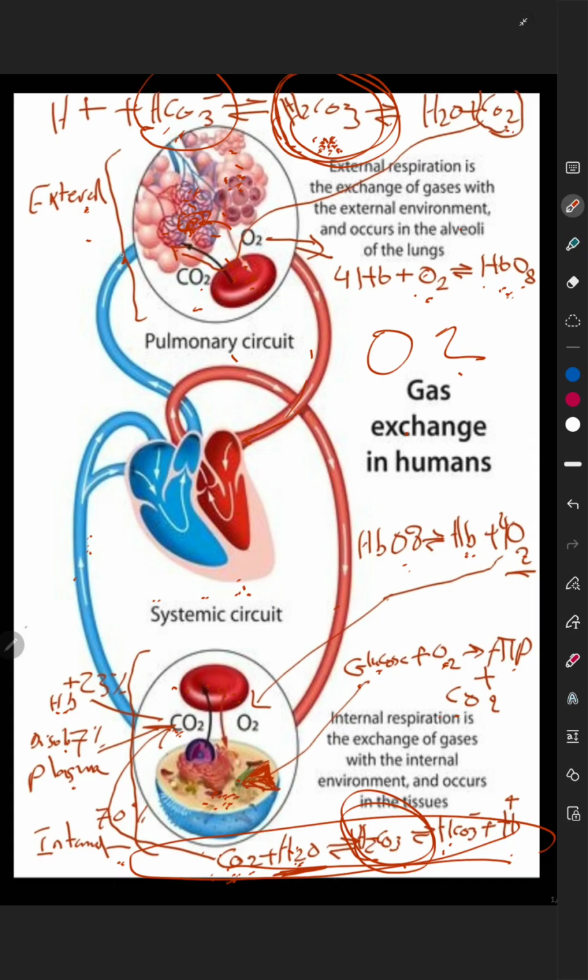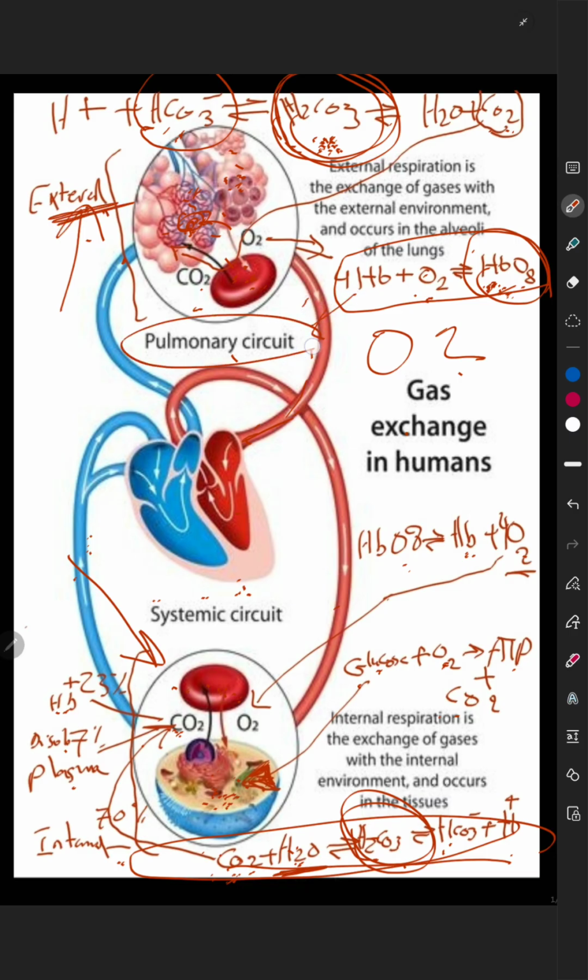By the way, we said this part is for external respiration and this part for internal. So if we ask whether the oxyhemoglobin is formed in external or internal respiration, we can say it's formed in external respiration and during pulmonary circulation, because it happens here surrounding the lung.